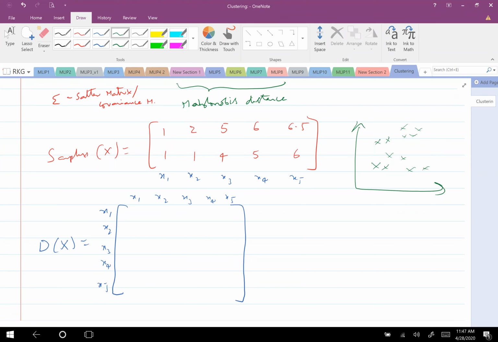If I use Mahalanobis distance, or the covariance matrix based distance, what will happen? Can one of you tell? Make a good guess. Those who know, quickly tell, so that you will save all the students' time, and my time as well.